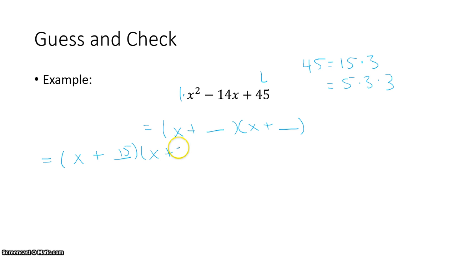So x plus 3 is my second term. Well, definitely my last term is going to be 45, and my first term is going to be x squared, but it looks like my middle term is going to be 18x. So no, that guess doesn't work for us. But is there something that will work for us?